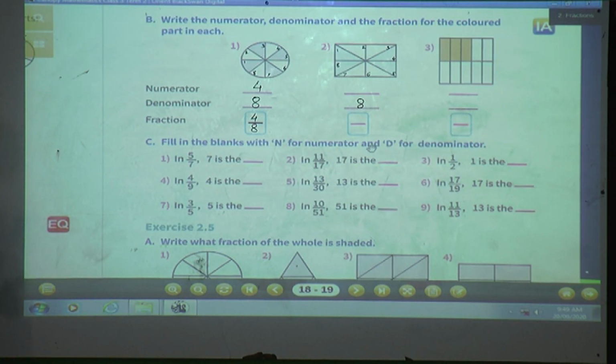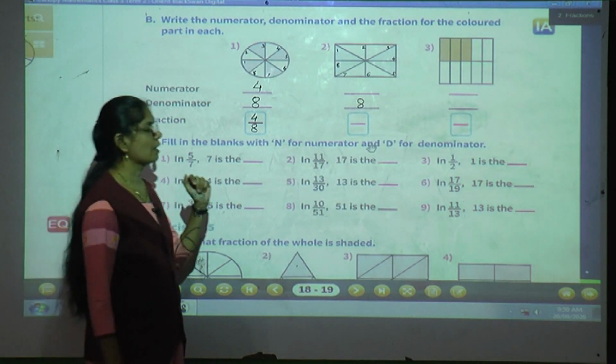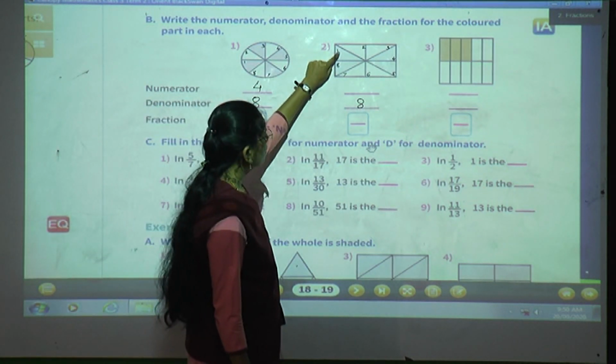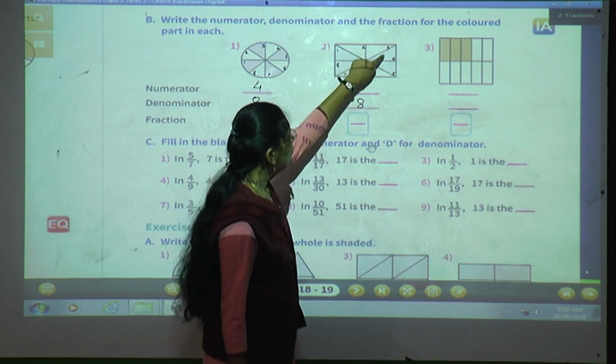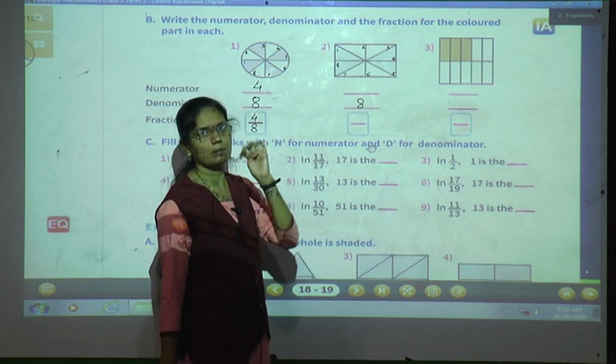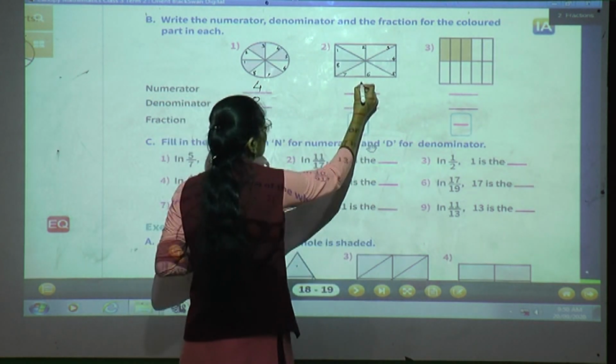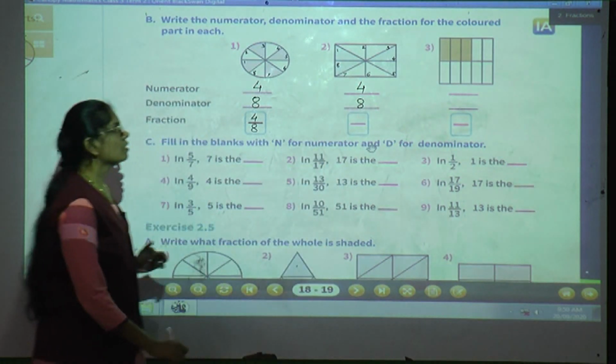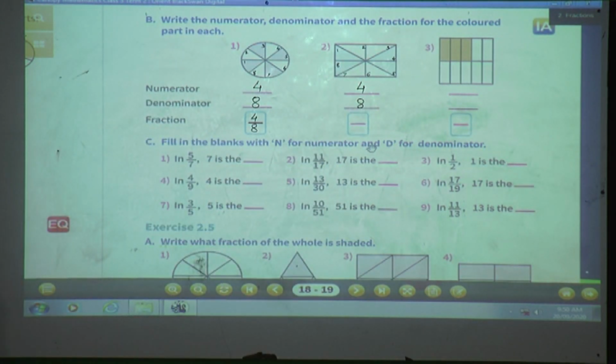Now we have to find out the numerator. In this example we have to write the fraction of the colored part, so you have to count only the colored part. 1, 2, 3, 4. 4 colored parts are there. So here we'll write 4. Now we got the numerator 4 and the denominator 8.